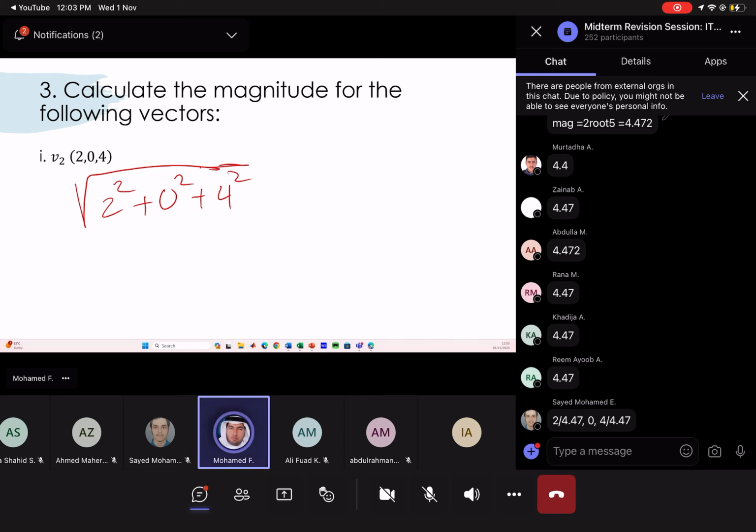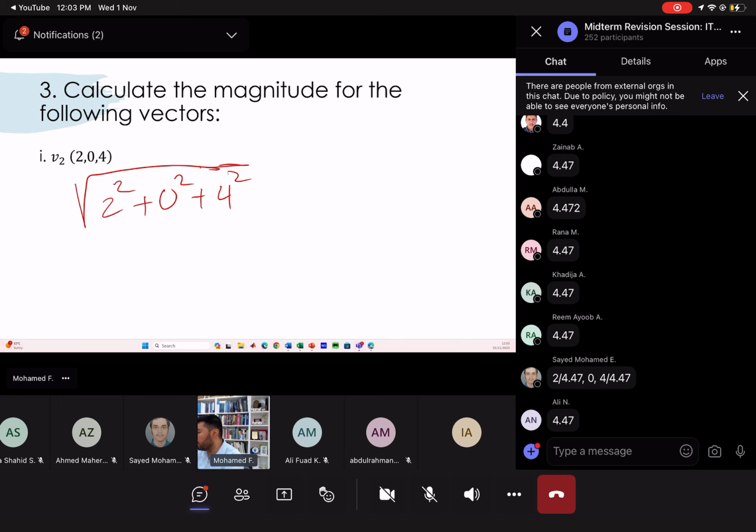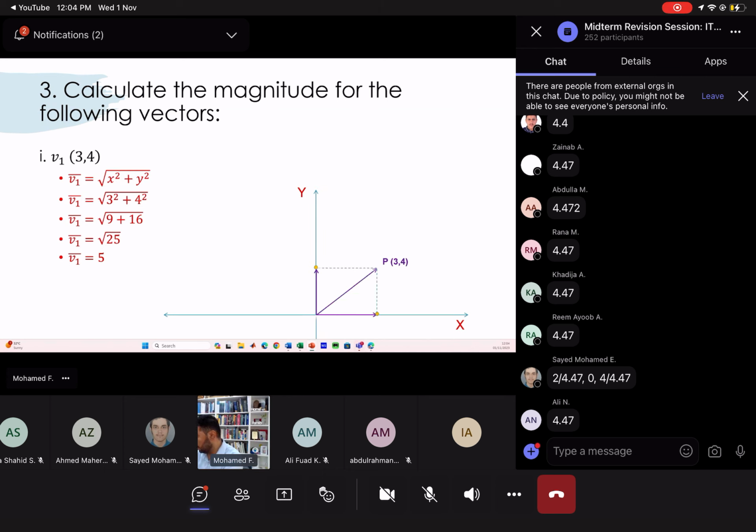Okay, guys. So again, what's the magnitude? The magnitude is we are trying to find the length of any point. So if we take this one as 3 and 4, what we are trying to find, you can see that this is the point, it's 3 on that side and 4 on that side.